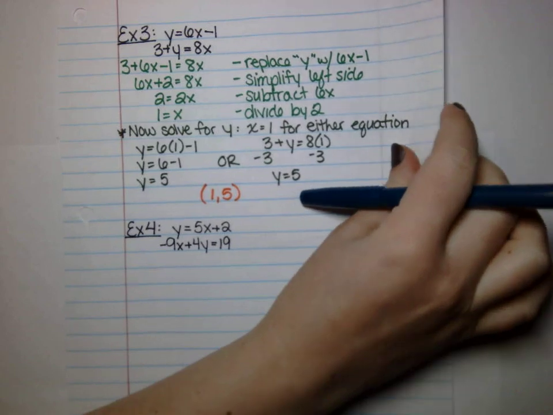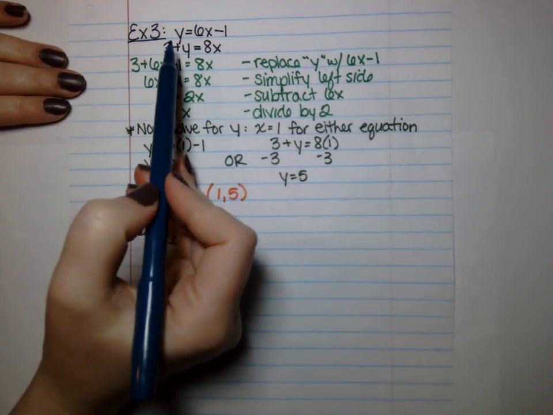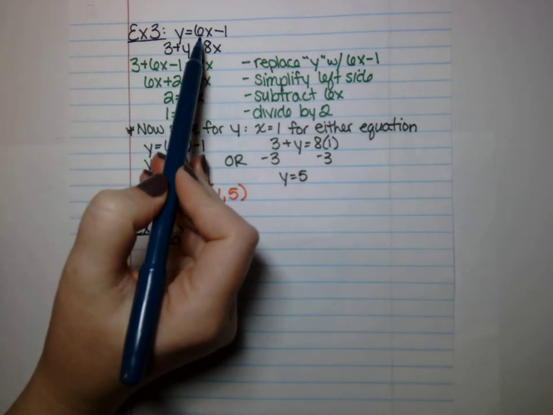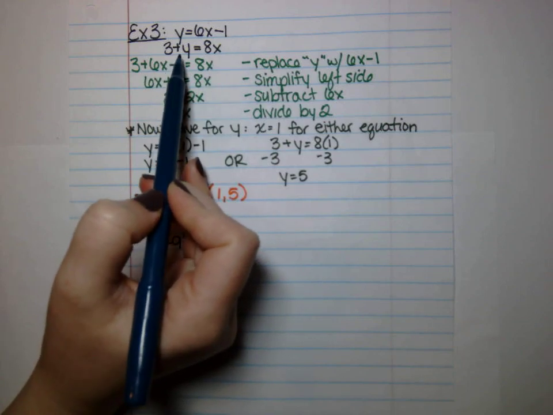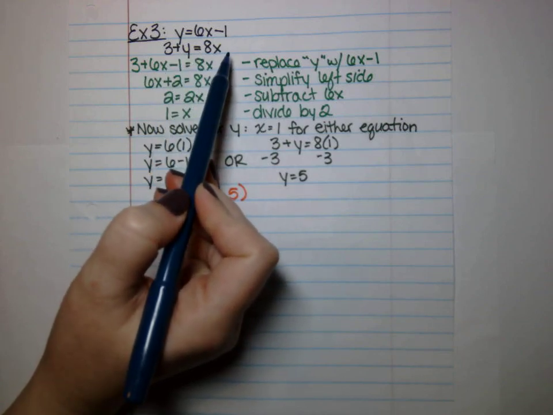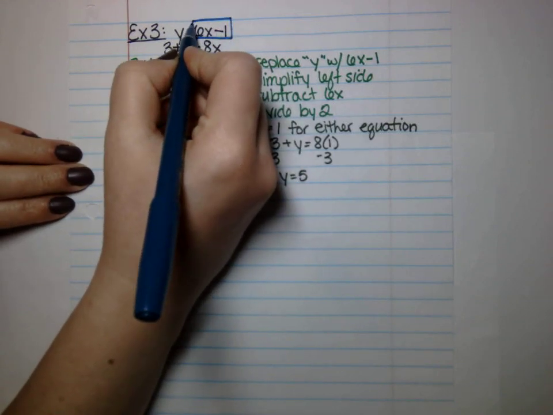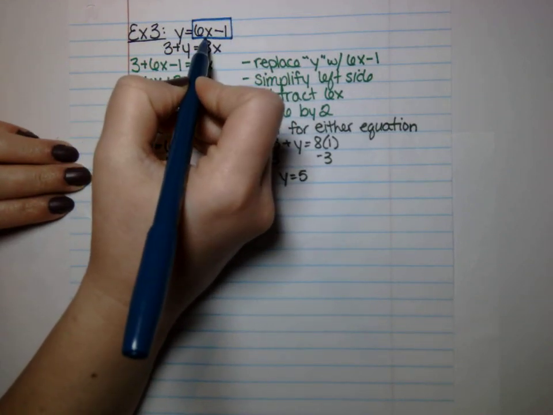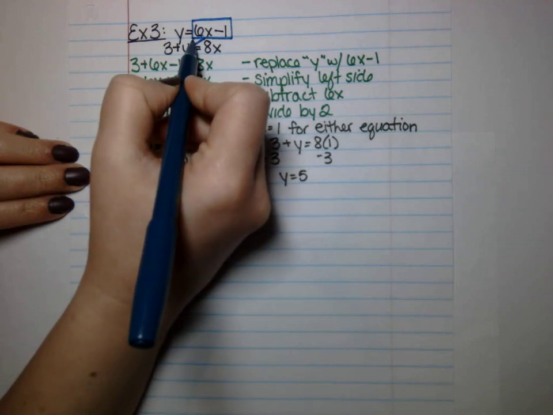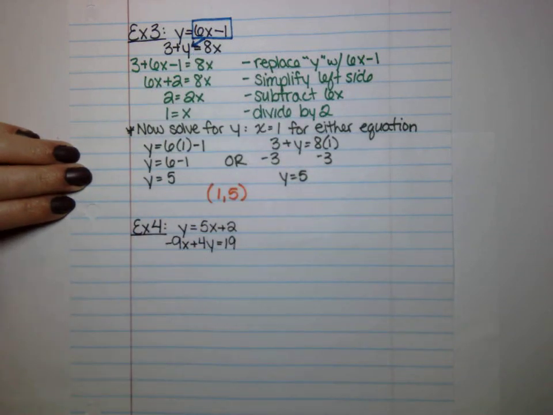In this next example, I have y is equal to 6x minus 1, and 3 plus y is equal to 8x. So again, since I have 6x minus 1 is the same thing as y, I'm going to take this whole expression and plug it in for that second y.